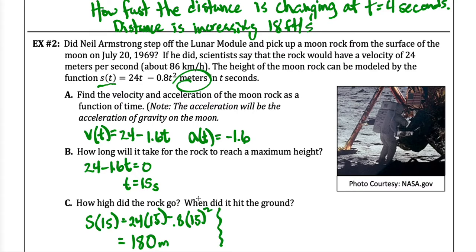Now the second part of the question says, when did it hit the ground? This one I feel like I can call on somebody. 30, 20. Come on. Would you like me to guide you slowly? Okay. What's the height of the object when it hits the ground?